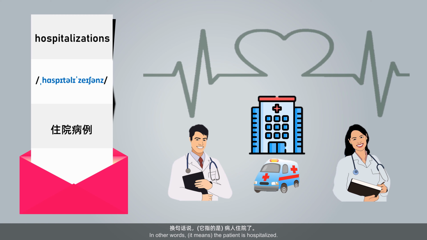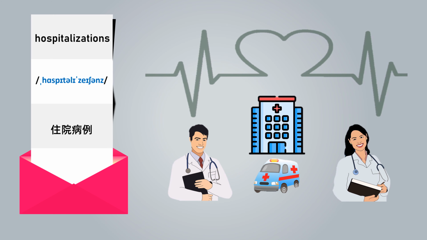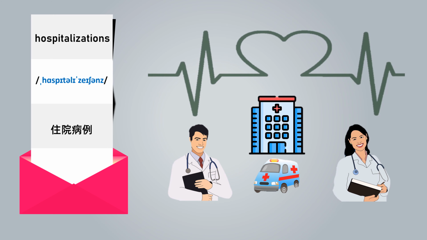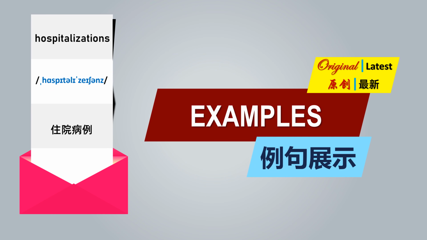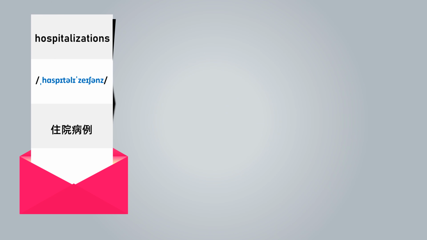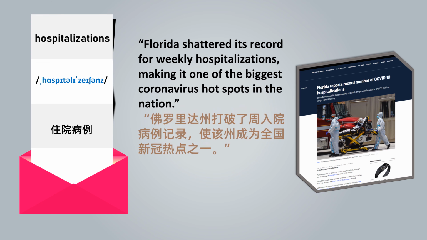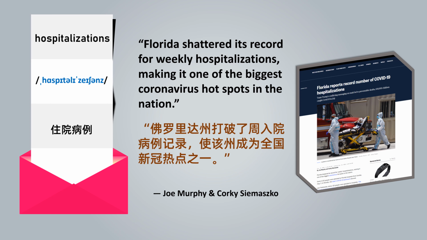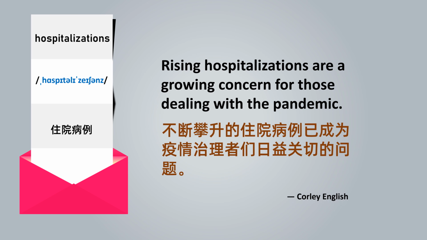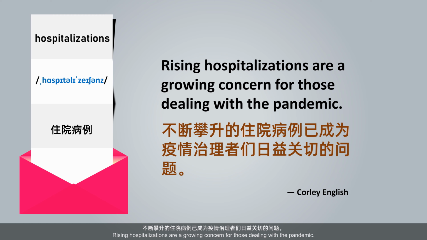In other words, the patient is hospitalized. Florida shattered its record for weekly hospitalizations, making it one of the biggest coronavirus hotspots in the nation. Rising hospitalizations are a growing concern for those dealing with the pandemic.